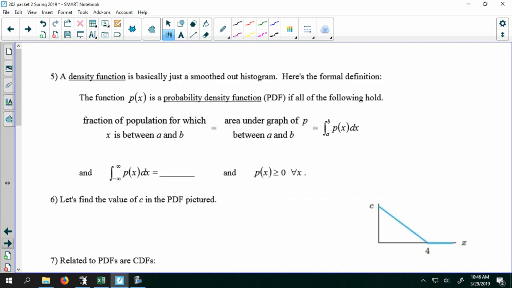So a density function is basically a smoothed out histogram. So the formal definition of a function p of x, it's a probability density function, or PDF for short, if all of the following hold. The fraction of the population for which x is between a and b is equal to the area under the graph of p between a and b, which is an integral.